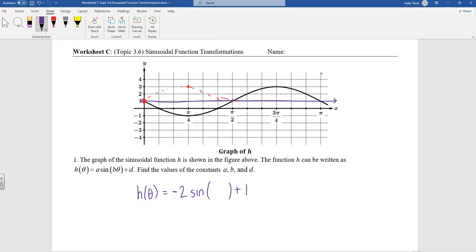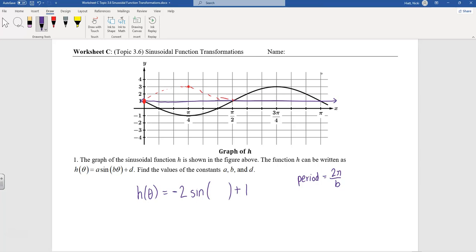So to find the period, we do 2 pi divided by whatever that B value is, right? That was our formula. Hopefully you saw that yesterday when you looked at that stuff on the notes. So you would have 2 pi over B gives you the period. What is the period of this graph? How long does it take for this graph to repeat itself?